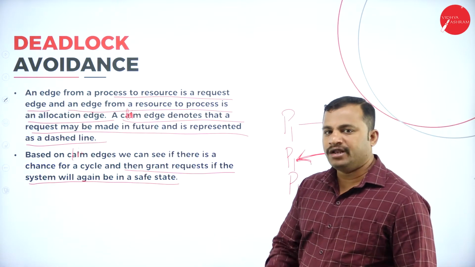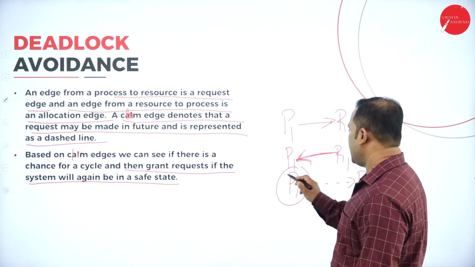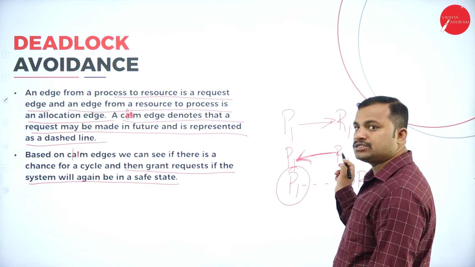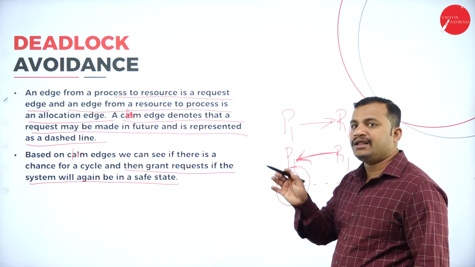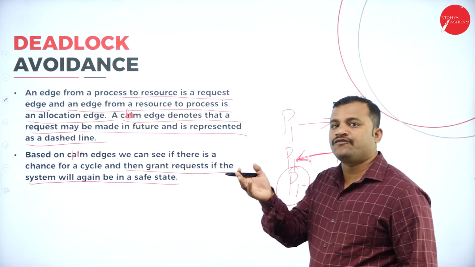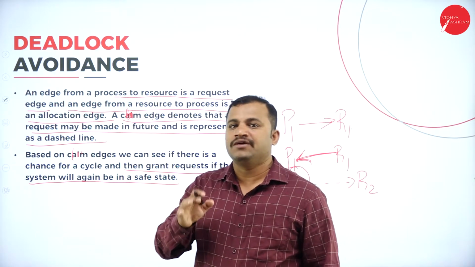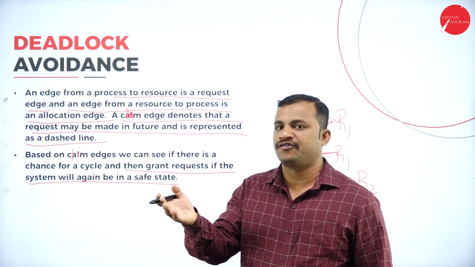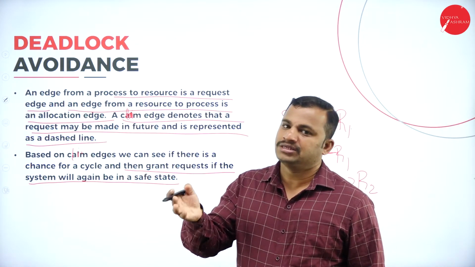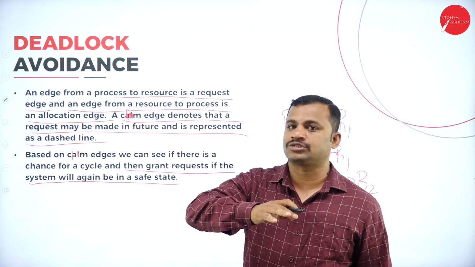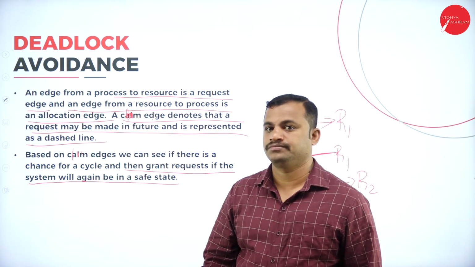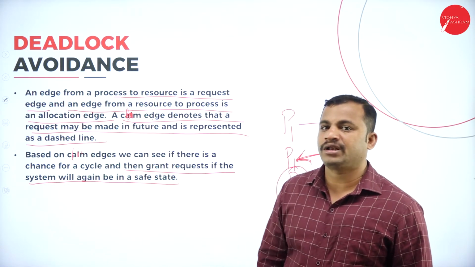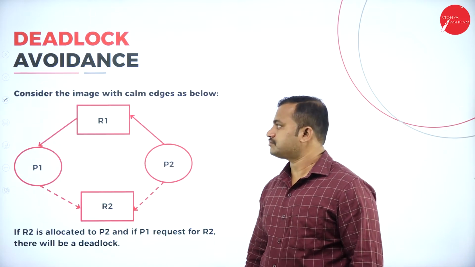That means whenever a process requests or claims another resource, if there is no chance of an unsafe state, then the system will grant the process access to the resource, so that the system remains in the safe state.